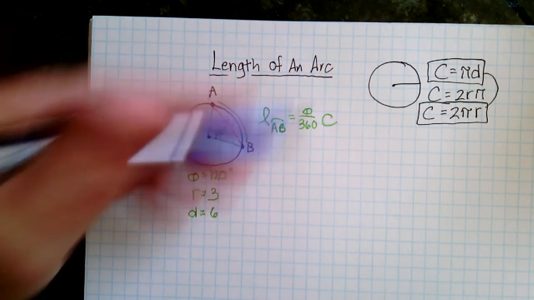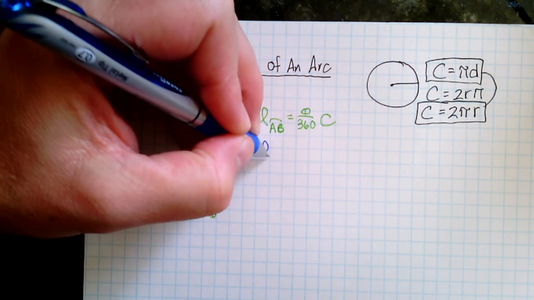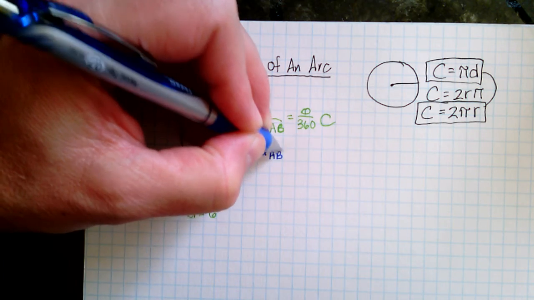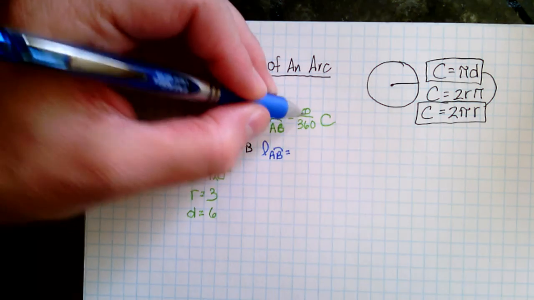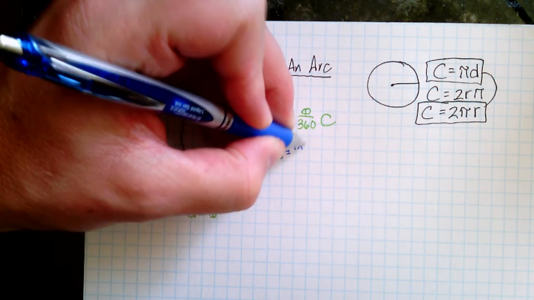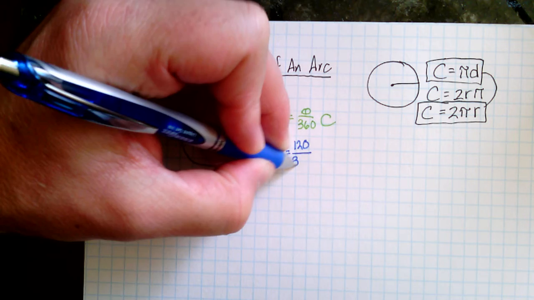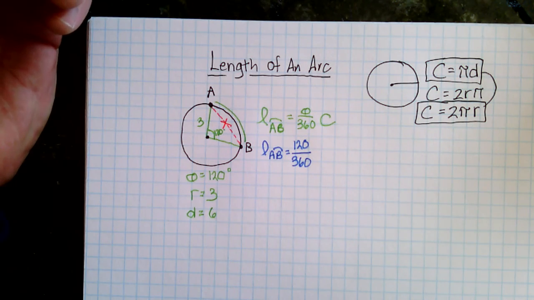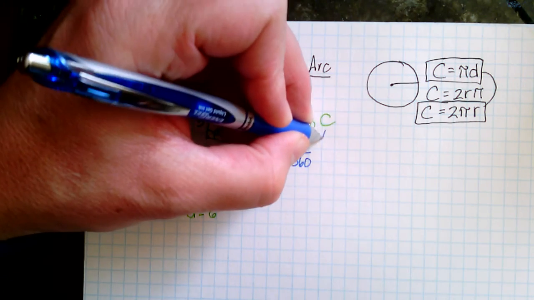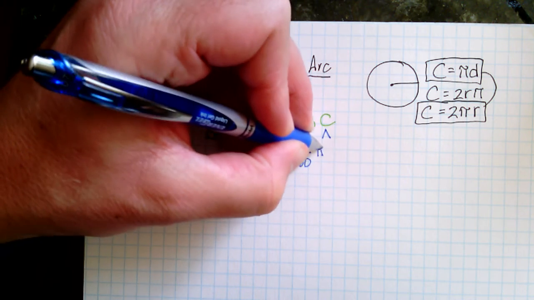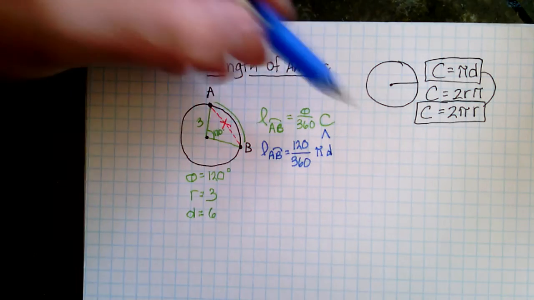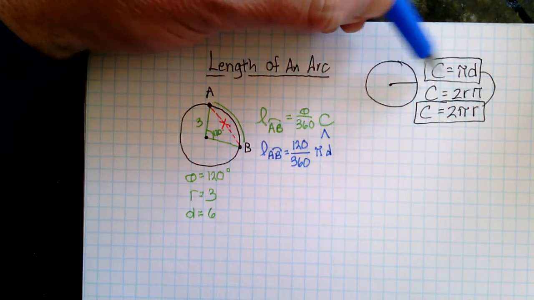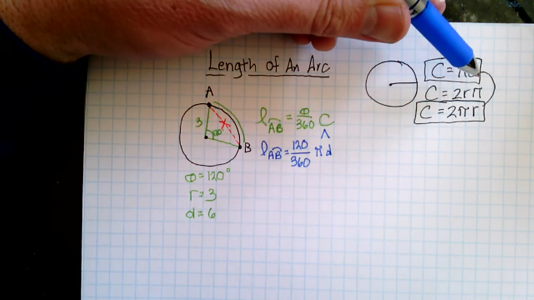So what I do in the formula to find the length of arc AB is I substitute the central angle, 120, over 360, because I'm finding a fractional part of the circumference. And then I break the formula circumference down into pi times the diameter, because remember, the circumference is pi times the diameter.